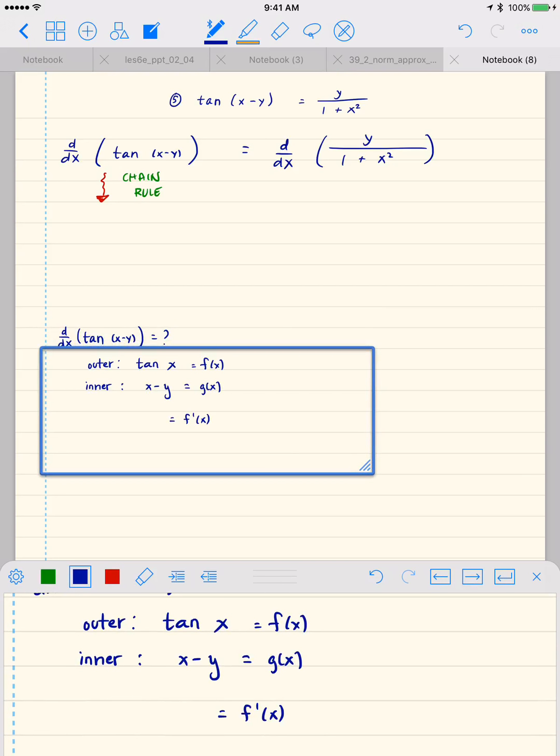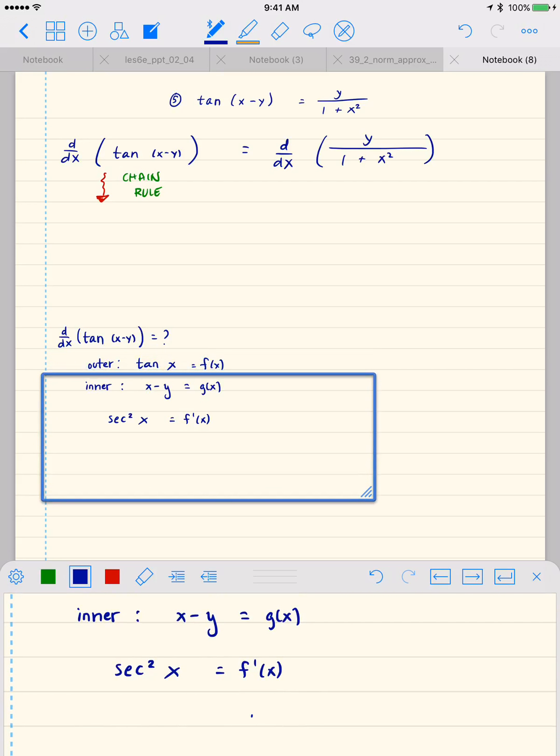So what's the derivative of tangent of x? Secant squared x. And what is the derivative of x minus y? It's going to be 1 minus y prime.